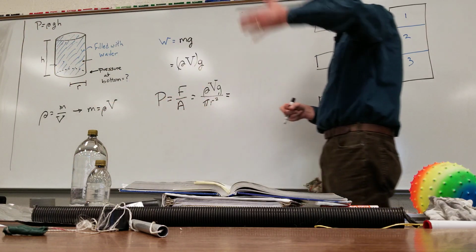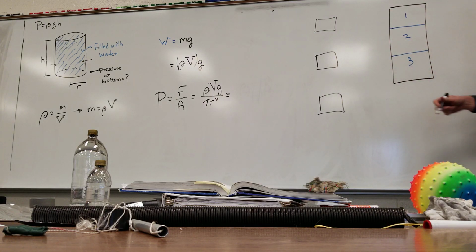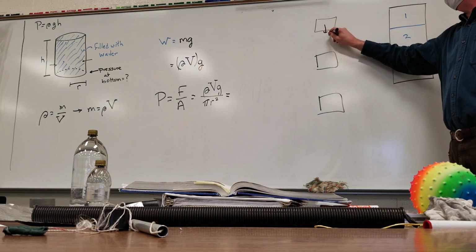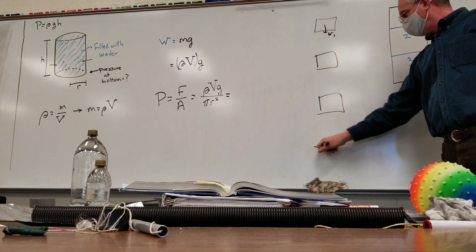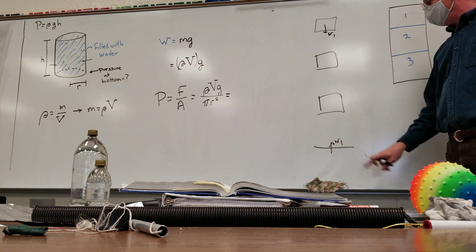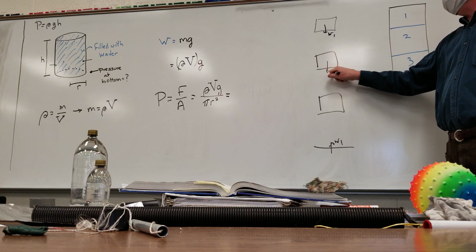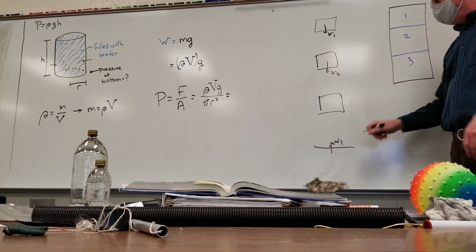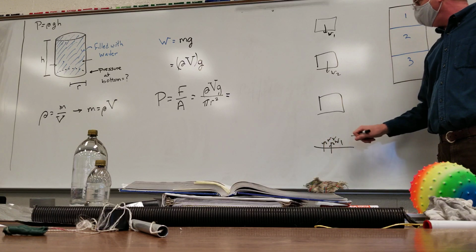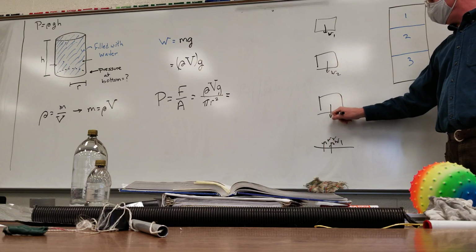So all we really care about are vertical, which is what I'm going to do right here. So this has weight acting down, weight 1. We'll put the ground down there. Weight 2. This middle section has some weight to it. And then weight 3.